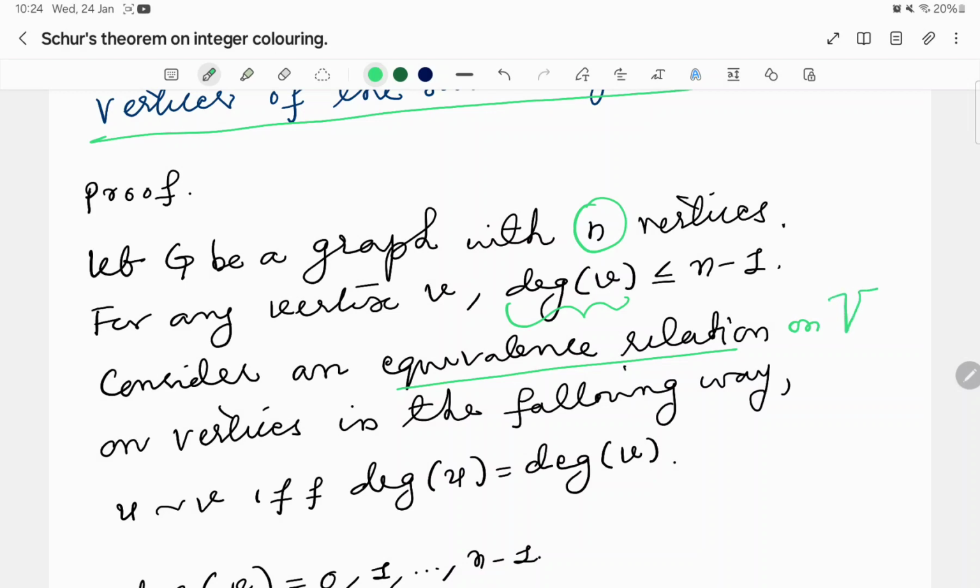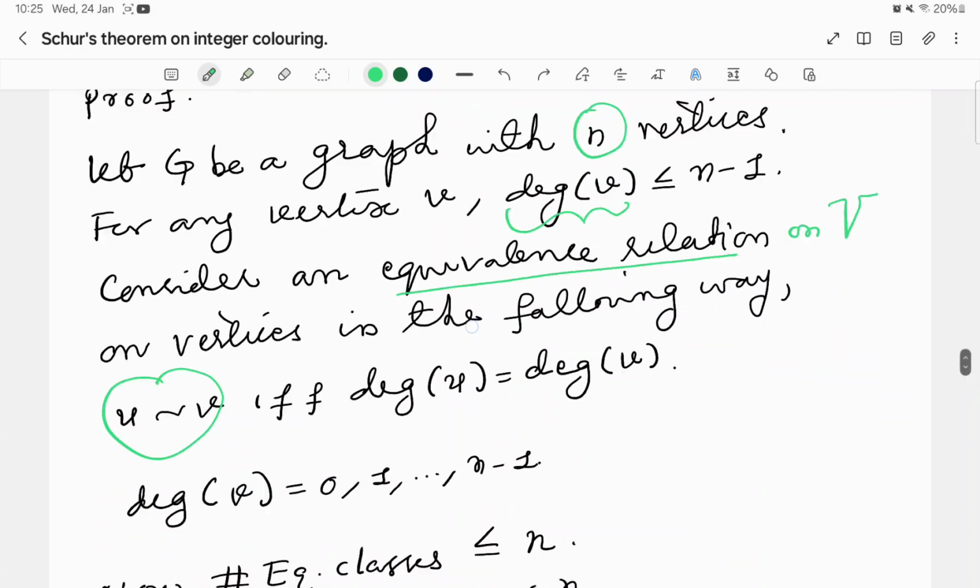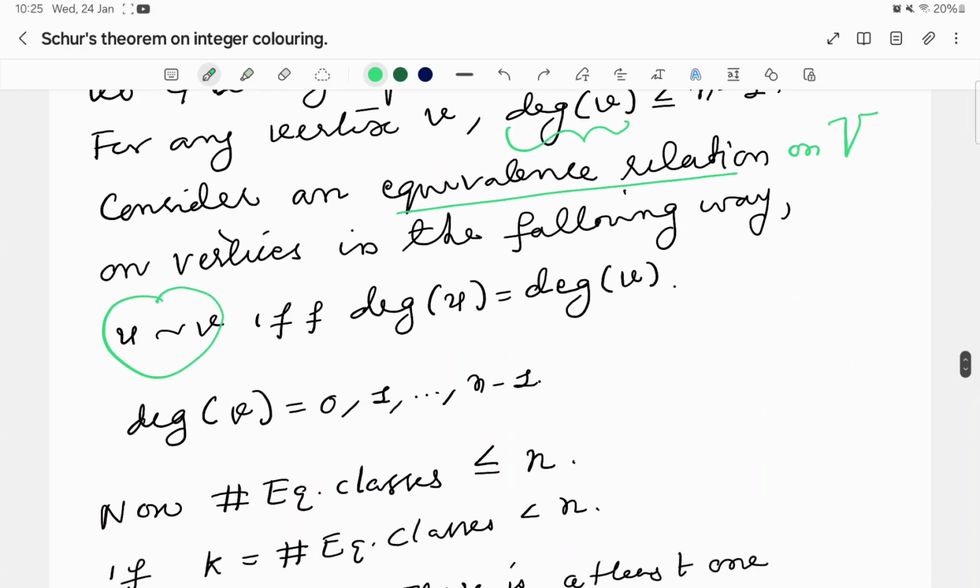We say that vertices are related if they have the same degree: u is related to v, through tilde, if the degree of u is equal to the degree of v. So if two vertices have the same degree, they are related. This is an equivalence relation, and we can easily verify that. It's not very difficult to see.